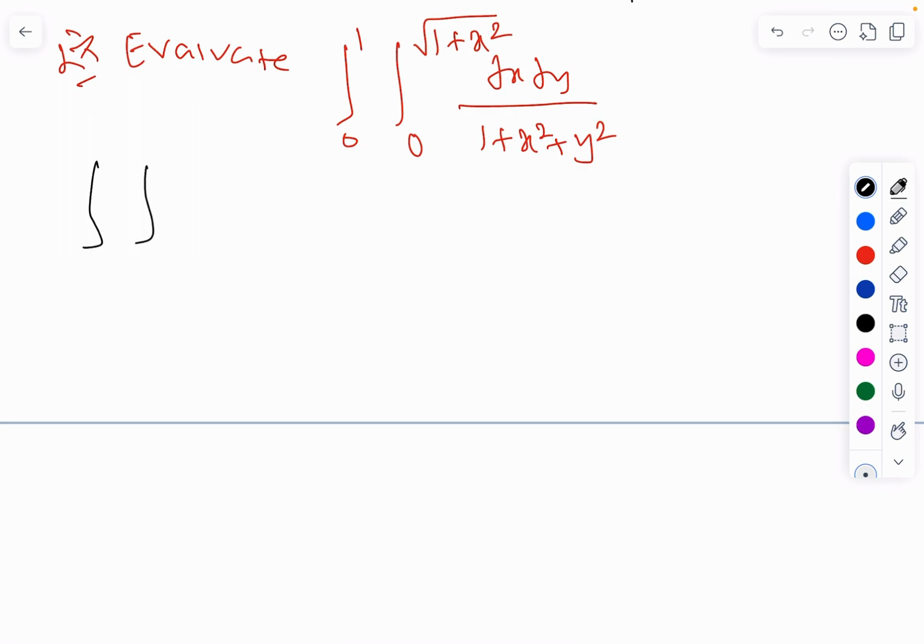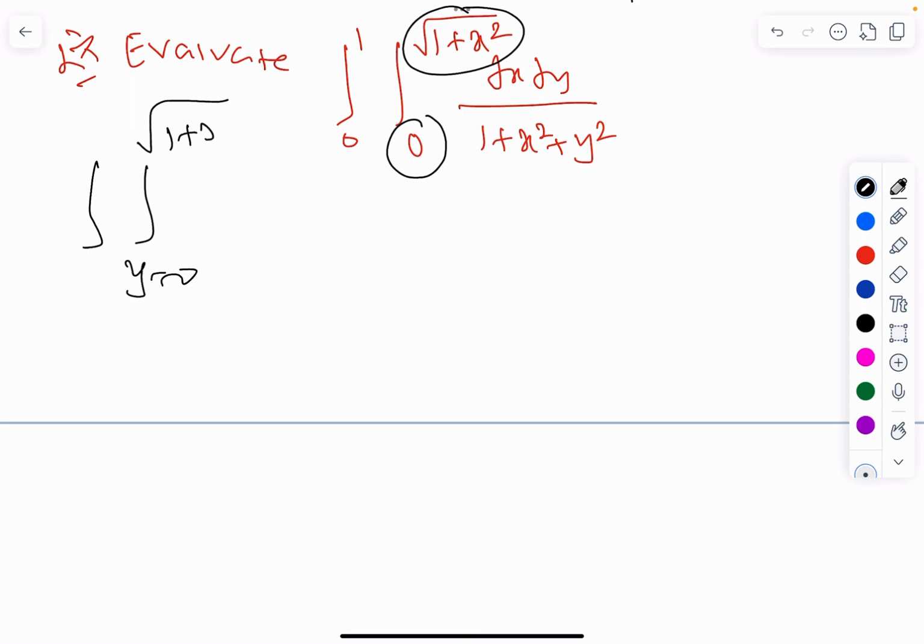Now, this is a function of y. So y equal to 0 to root 1 plus x square, and x equal to 0 to 1. This is dy upon 1 plus x square plus y square and dx.